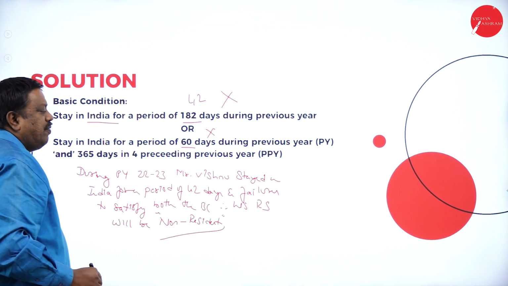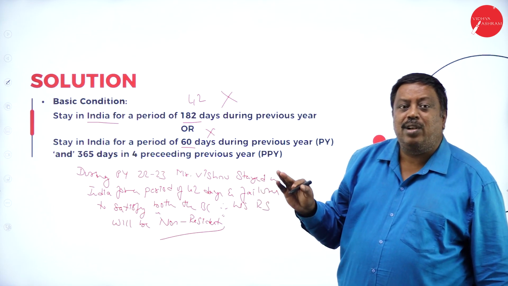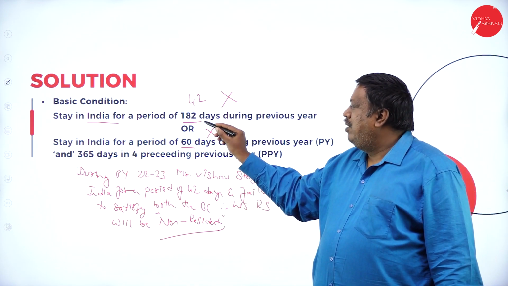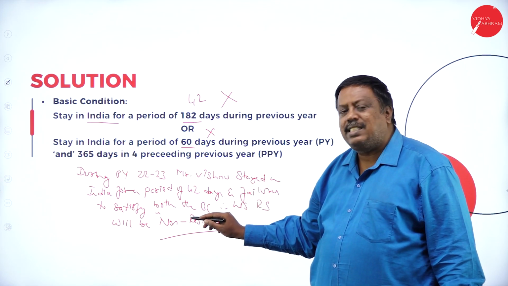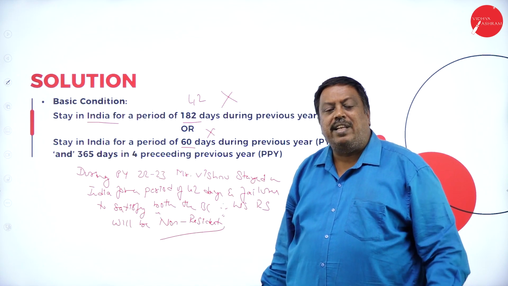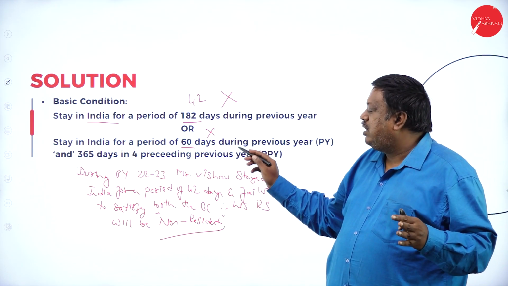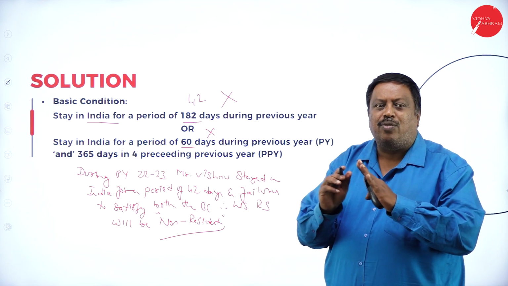So he couldn't satisfy both the basic conditions because he stayed in India only for a period of 42 days during the previous year. Automatically his status will be non-resident. Whenever any person fails to satisfy both the conditions, he will be called a non-resident only for that particular year and not for other years.